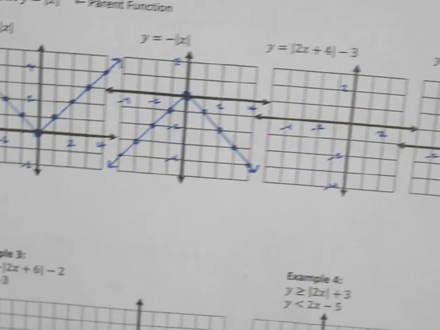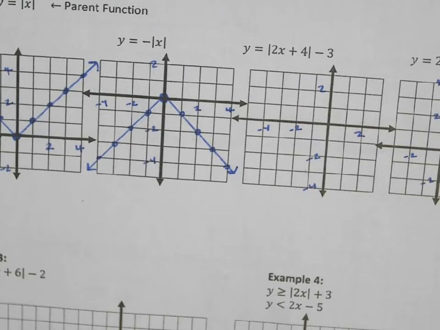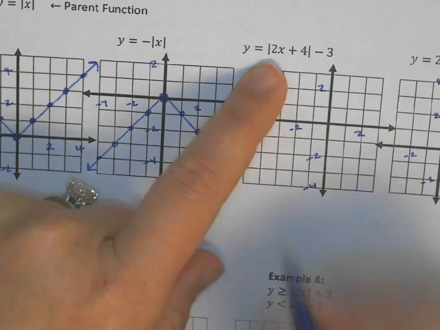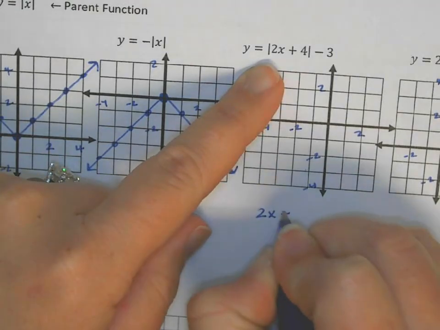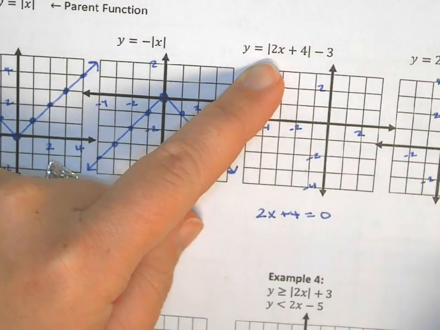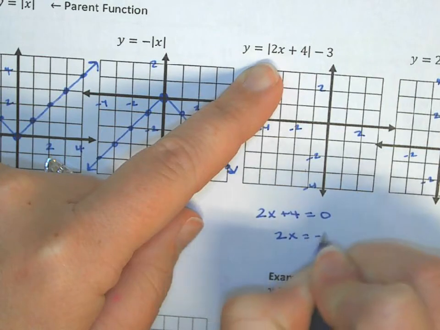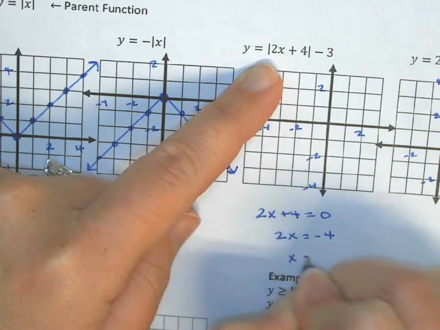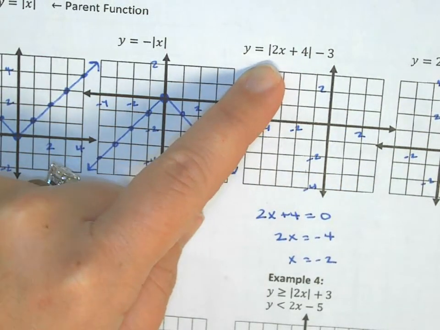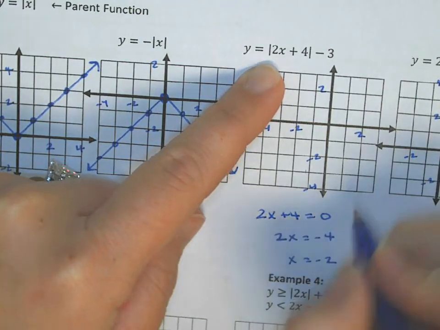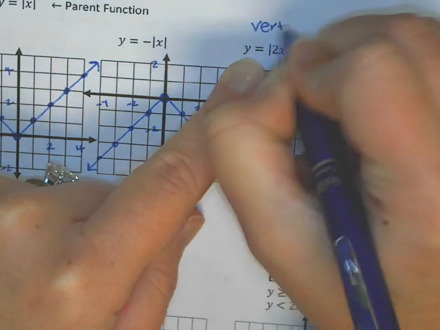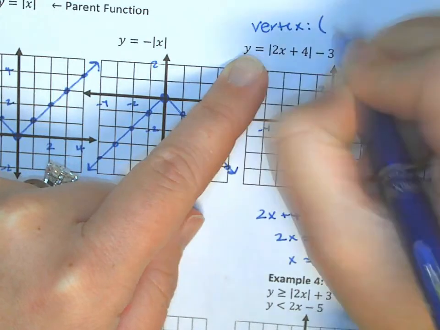Now this next one, we need to locate the vertex. How do you locate the vertex? Yes, set the inside of the absolute value bars equal to 0 and solve. So I know my vertex is at -2 for the x.